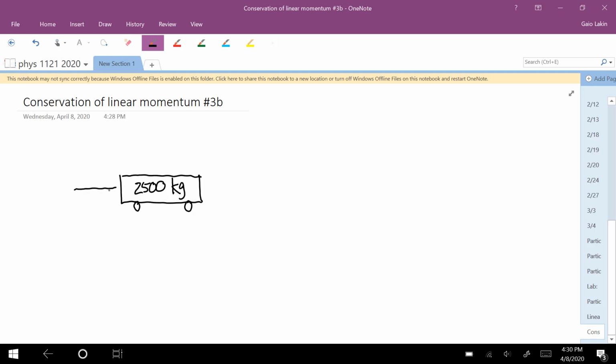Let's say it's going this way. And then it collides with another train car that's initially at rest. The second train car has a mass of 3,000 kilograms.